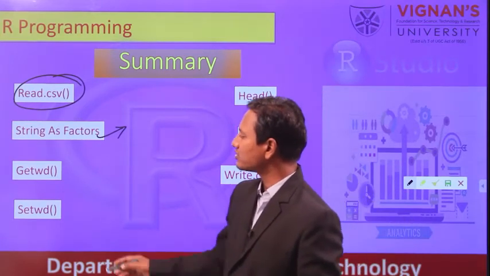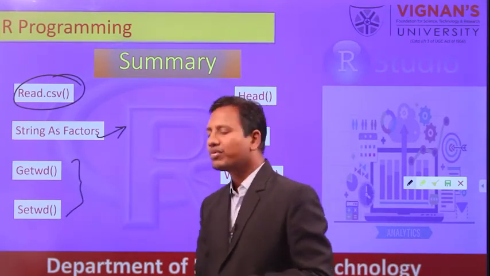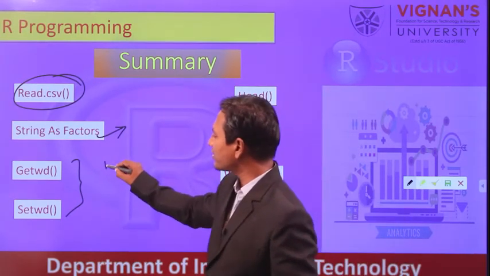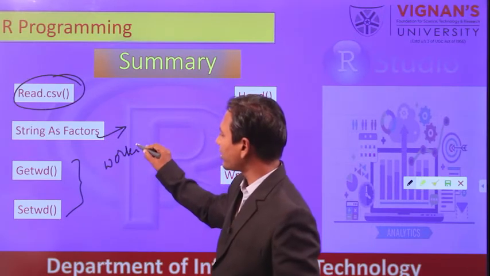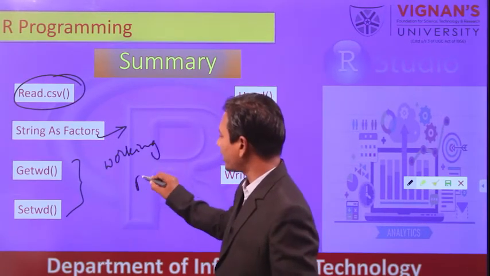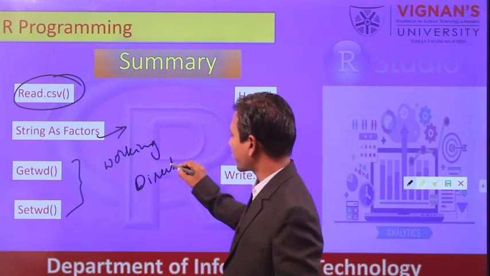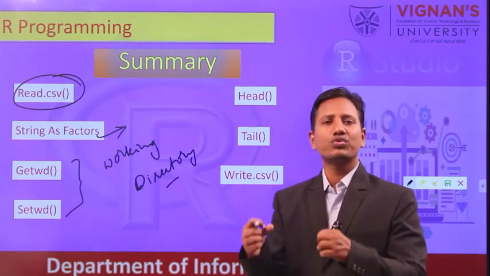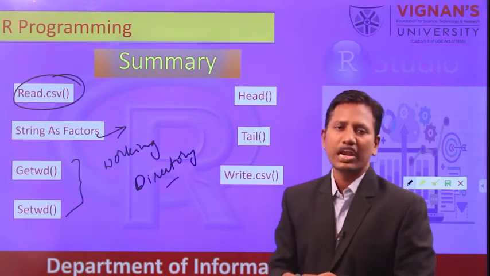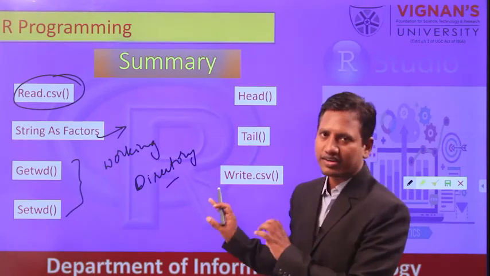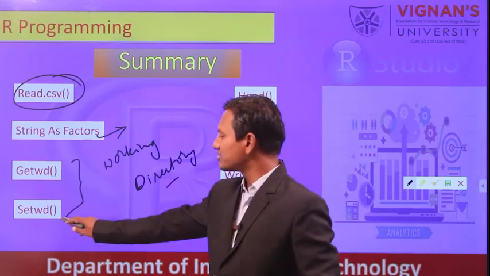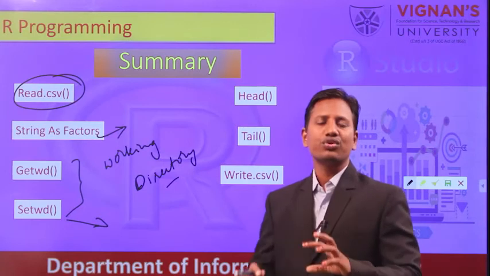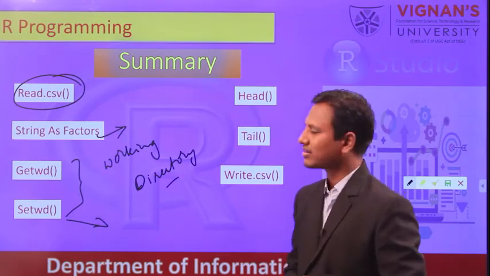Then we learned two functions called getwd and setwd. getwd gives us the working directory, where we are going to store our data. And if you want to modify this directory path, you use set working directory.